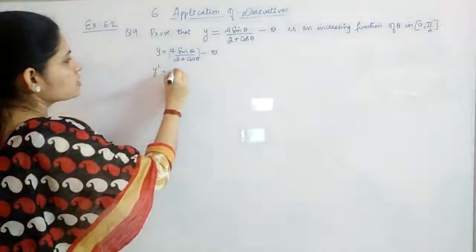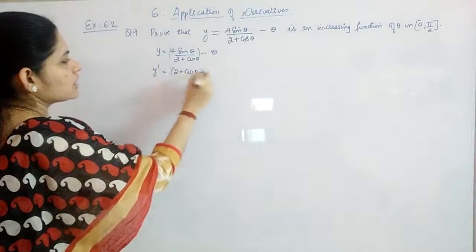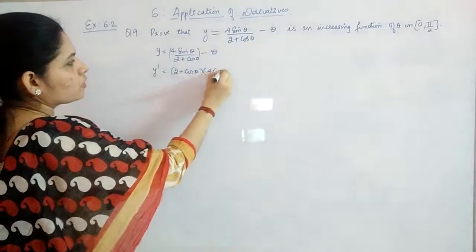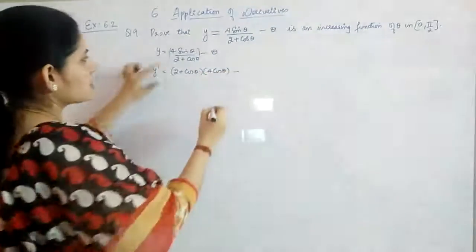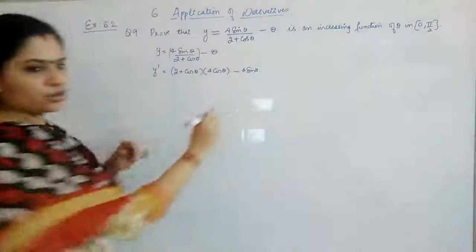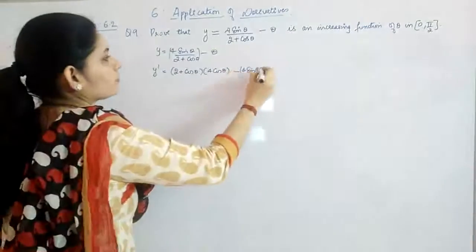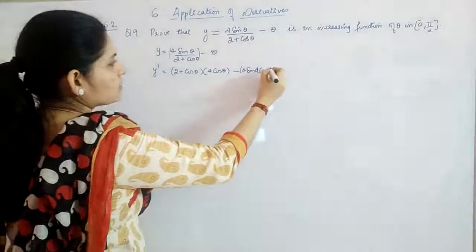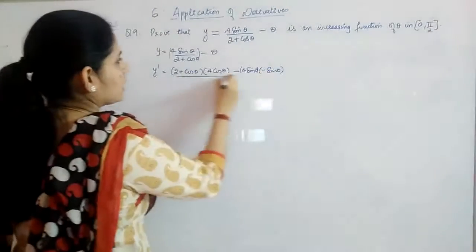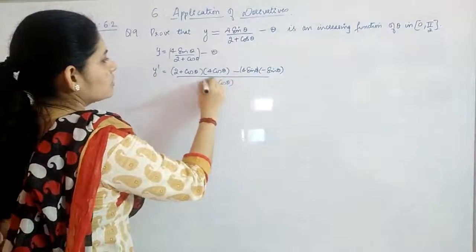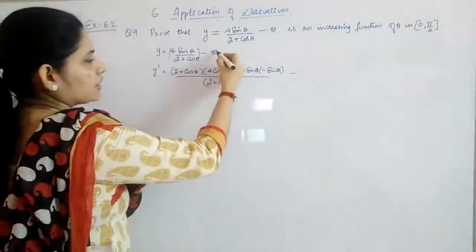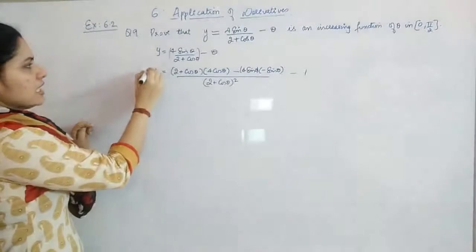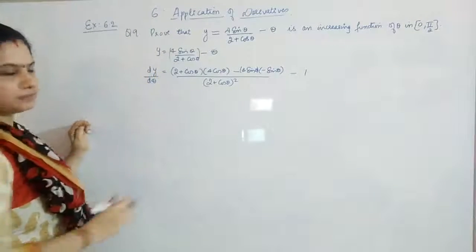So y dash is equal to 2 plus cos theta, that is v, into the derivative of u, which is 4 sin theta, which will give you 4 cos theta, minus 4 sin theta, that is u, into v dash. v dash will give you the derivative of 2 as 0 plus cos theta's derivative is minus sin theta, divided by 2 plus cos theta the whole square, minus the derivative of theta, which is 1, because with respect to theta only you are differentiating. This is dy by d theta.